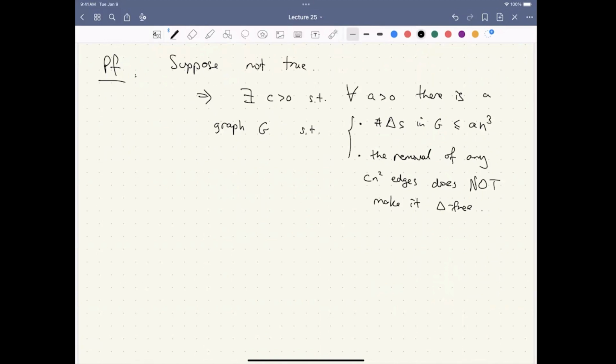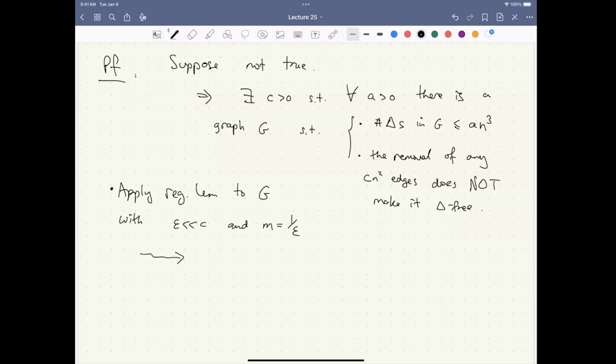Well, we have this C now, such that for every A, we can find this graph G. So let's determine A later. With A to be determined, let's grab this counterexample G, satisfying that it has few triangles, but is very hard to make triangle free. Apply the regularity lemma to G with an epsilon that's much less than C, and we're going to take M to be 1 over epsilon.